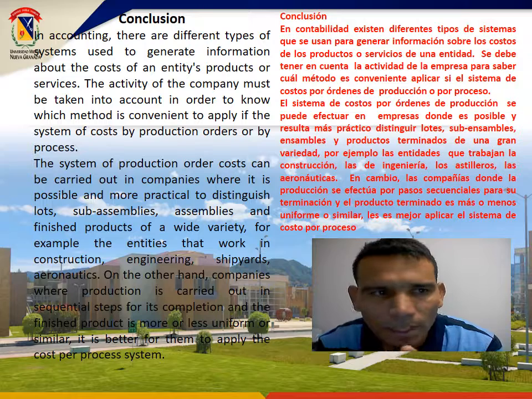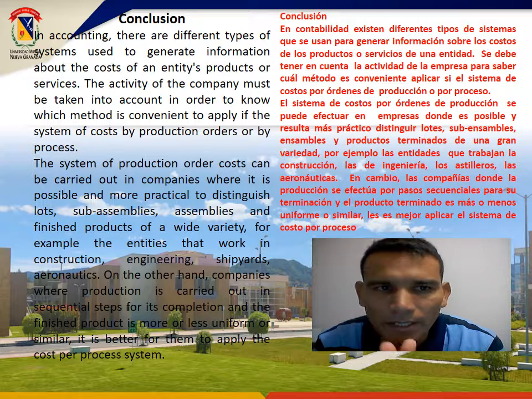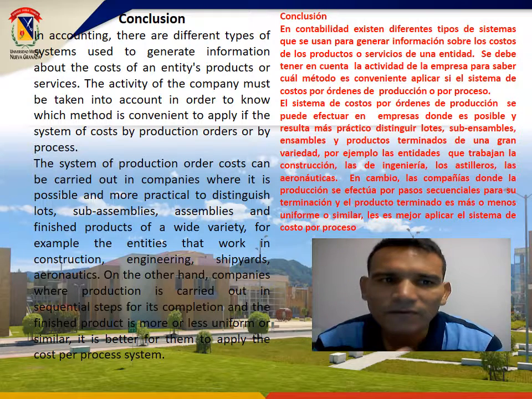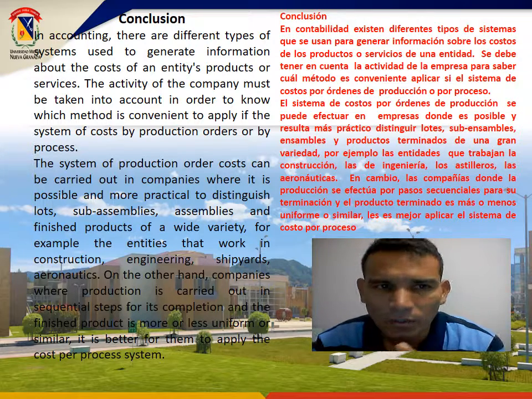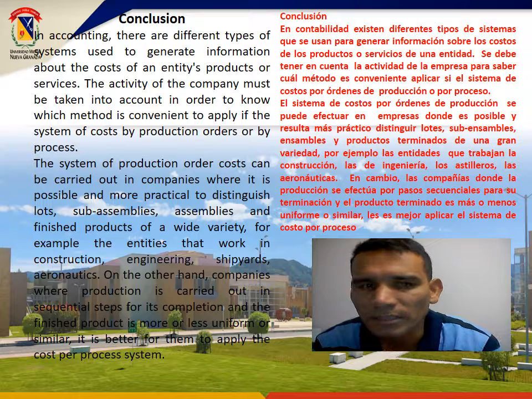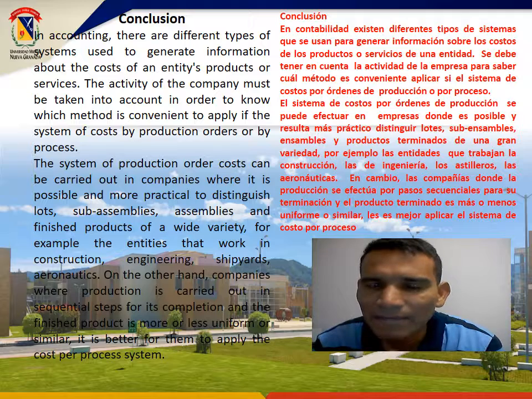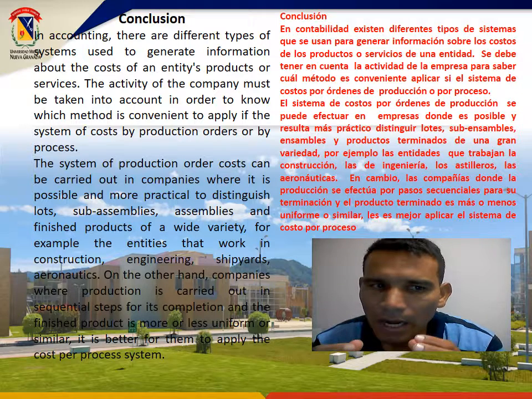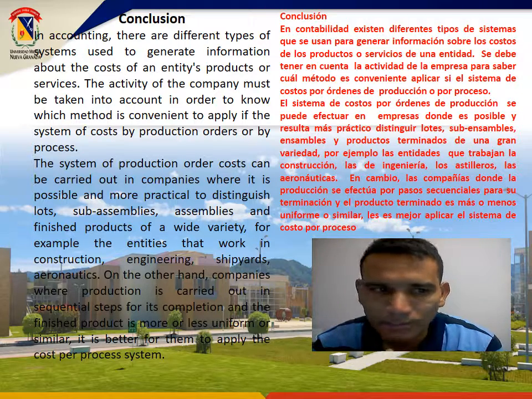Conclusions. In accounting, there are different types of systems used to generate information about the costs of an entity's product or service. The system of production order costs can be carried out in companies where it is possible and more practical to distinguish lots.